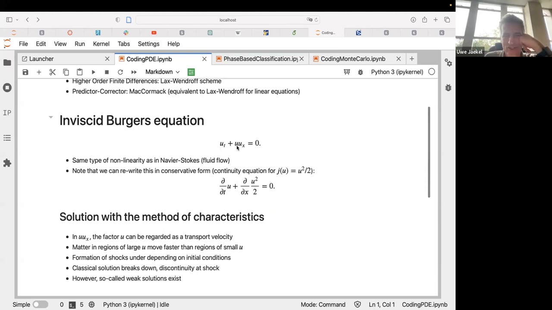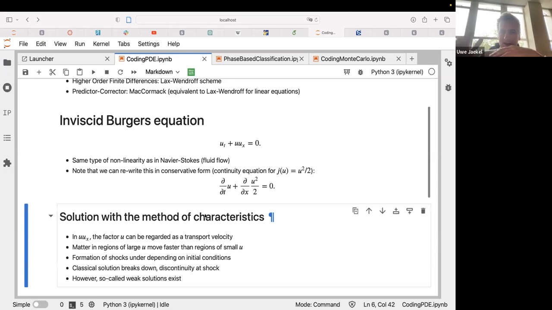Have a look at this equation again. I hope you see the cursor. The factor in front of this spatial derivative can be regarded as a transport velocity. In this case, it's exactly the value of u. u could also be negative, but I will show you solutions only where u is positive.